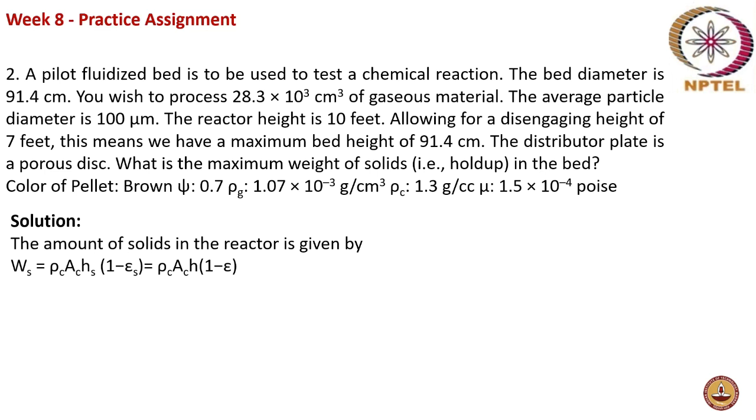Correct? So what are the informations that are already available from this expression? Can you just directly find out the amount of solid from this, or do you need to estimate certain parameters which are not available in order to substitute into this expression and find out the weight of solid? What are the parameters available? Is rho C available?